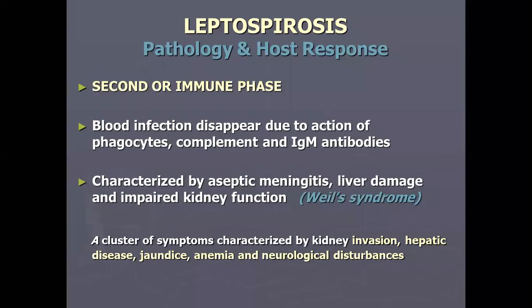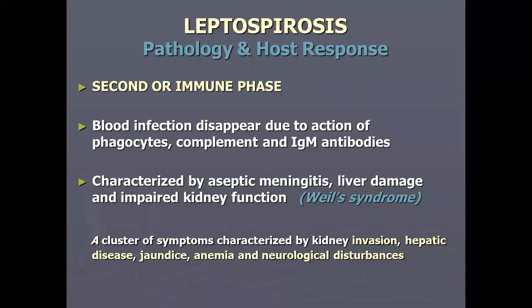It then enters what we call the secondary phase, or the immune phase. In the initial phase, the signs and symptoms were because of the circulating leptospiral cells, which were multiplying, secreting virulence factors, and lodging into various organs like lungs, kidneys, liver, CNS, and eyes.